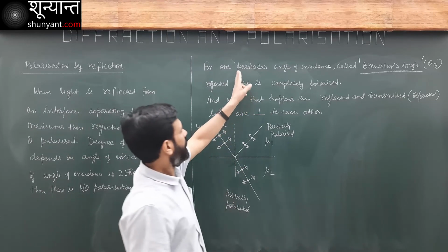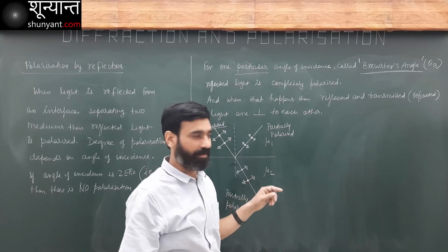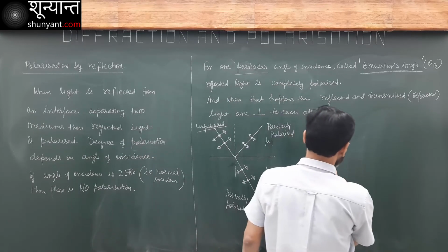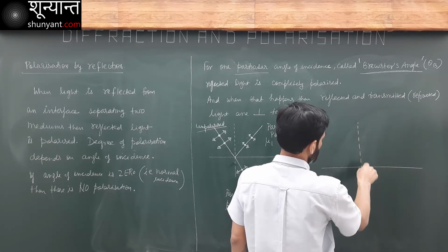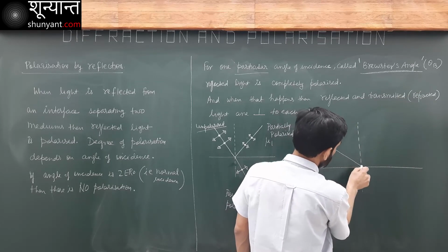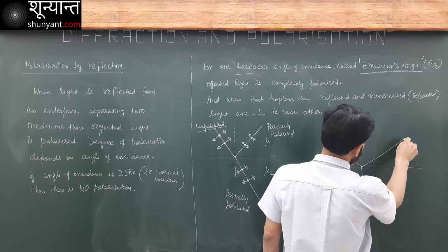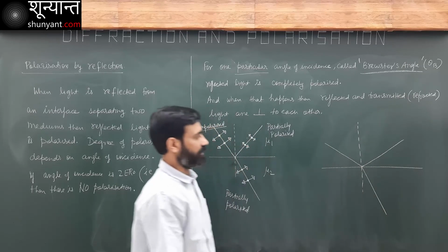Now, at one particular angle of incidence, for Brewster's angle, this is going to be completely polarized. So how will it appear? One such angle is here. Now this will be my reflected light, and this is my transmitted light.